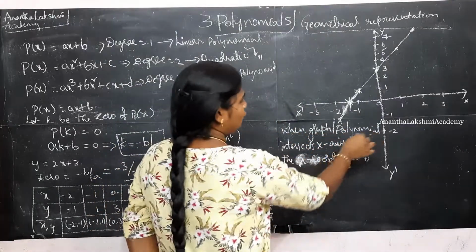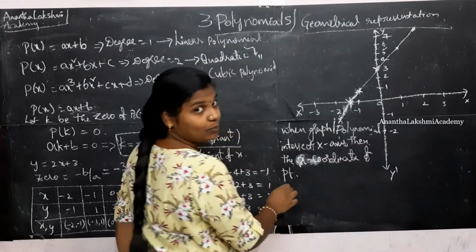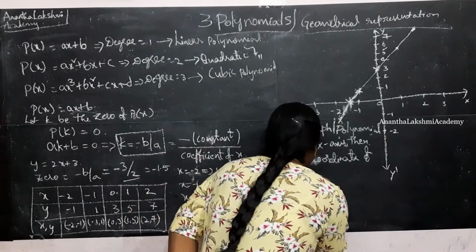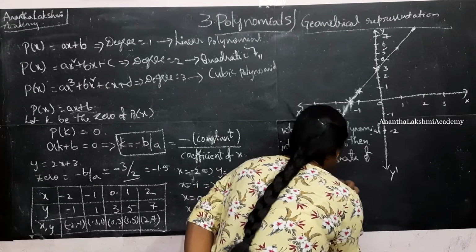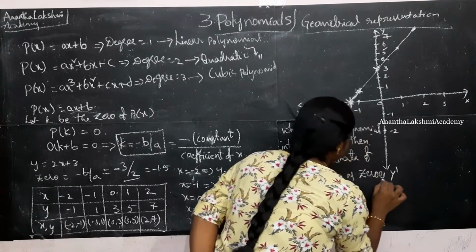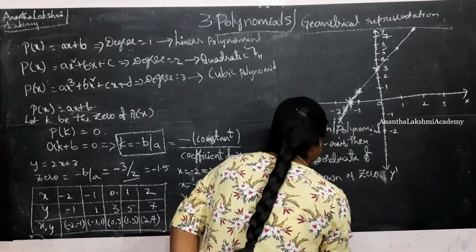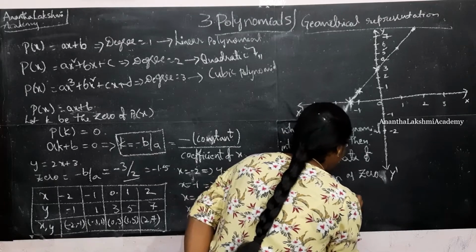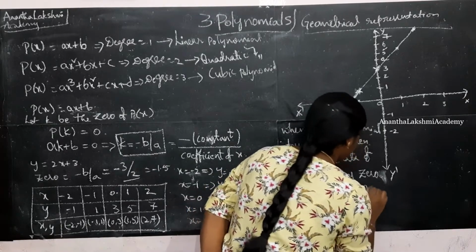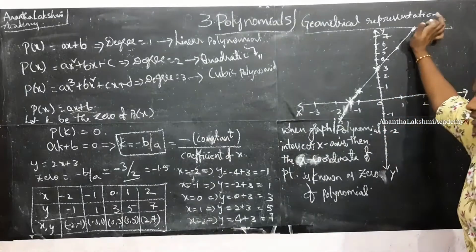When the graph or polynomial intersects the x-axis, then the x coordinate of the point is known as the zero of the polynomial. Okay, this is about the graphical representation.